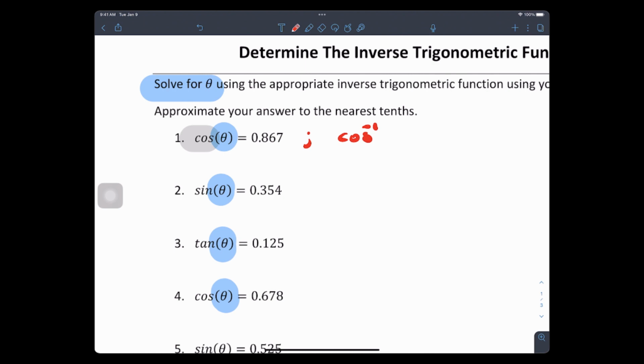And then similarly, you got sine. What do you think you're going to use here? How do we get theta if it's sine of theta? This is function notation. So how do you guys think we get theta? Inverse sine. Remember, these are inverse functions. They're not reciprocal. So these are some inverse function keys on that calculator.